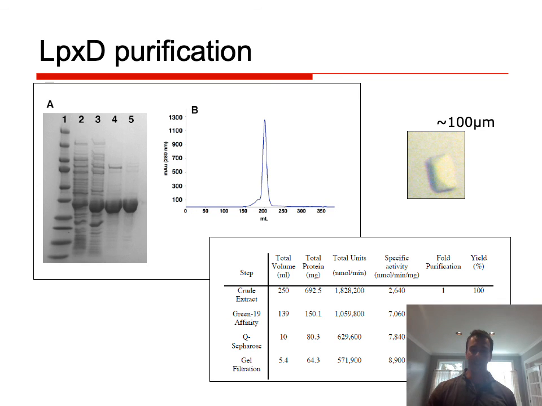You can see this in this case: as you go up, you get higher and higher specific activity, showing that you have more pure protein. And we get pretty good yield through each of the steps. So this is an example in a research field of how people use purification to purify protein and then get the X-ray crystal structure.